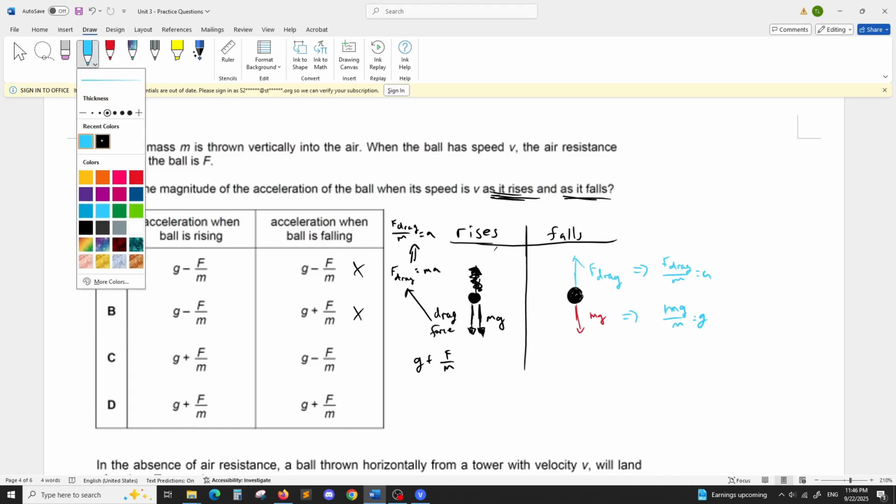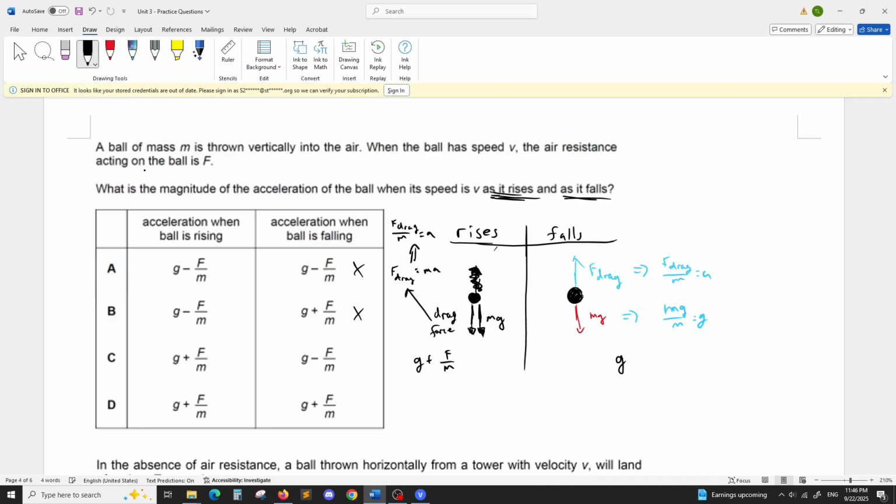Since they're going in opposite directions, they're going to be subtracted. g is going down, so technically it's negative g, but it's going to be g minus f over m. So it's C. It's not D because they're going in opposite directions, so you subtract.